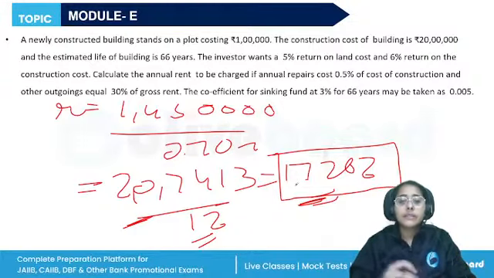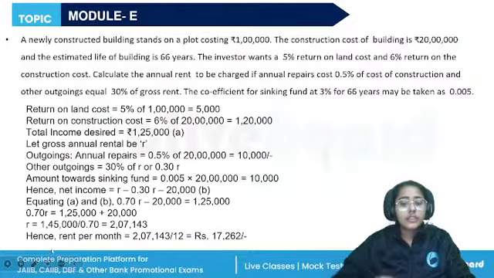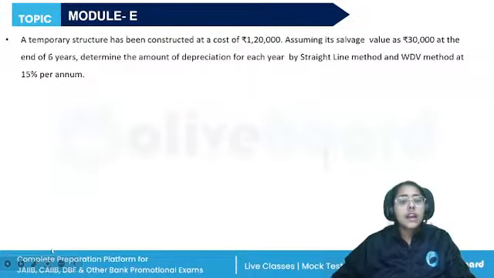All you need to know or remember is the concept. And I've also included the solution here. This is how we have solved everything. All right. Next numerical. A temporary structure has been constructed at a cost of 1,20,000, assuming its salvage value as rupees 30,000 at the end of 6 years.